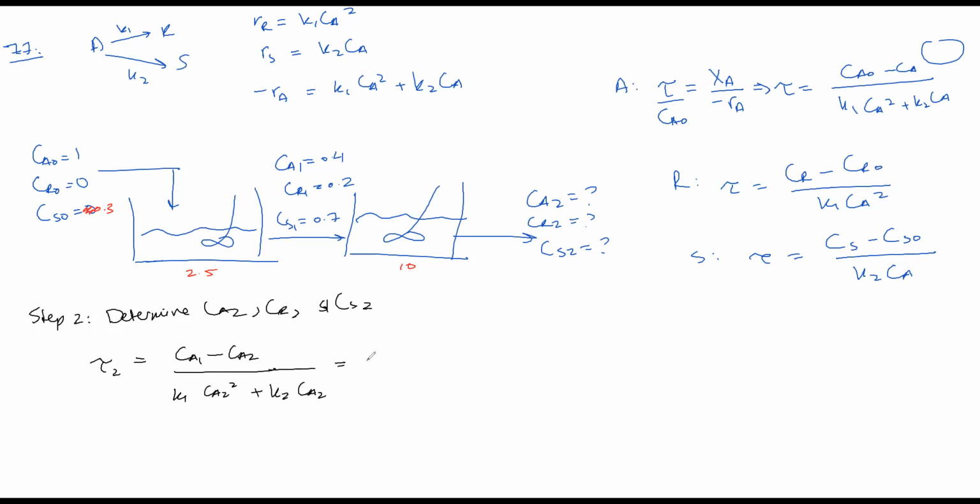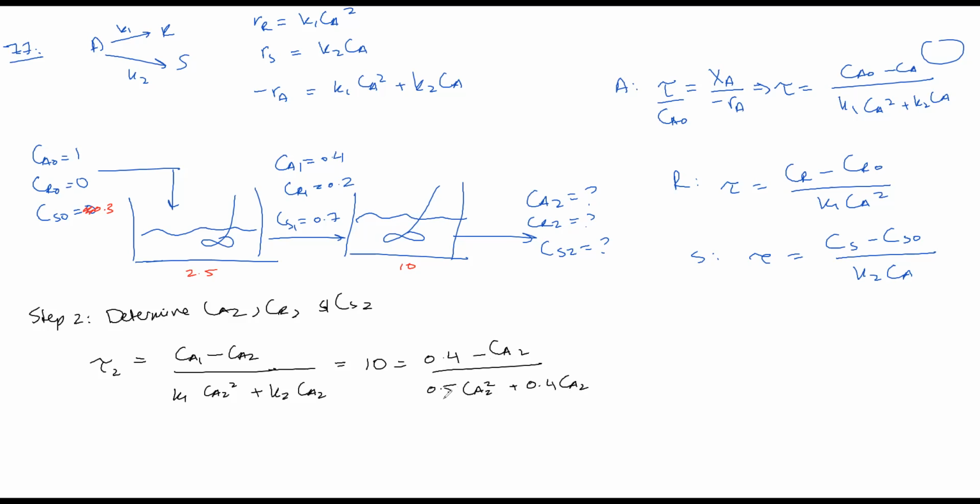And this is equal to 10 minutes. And then if I plug in my numbers, CA1 is given to be 0.4. CA2 is what I'm trying to find. K1 we calculated was 0.5 CA2 squared plus 0.4 CA2.